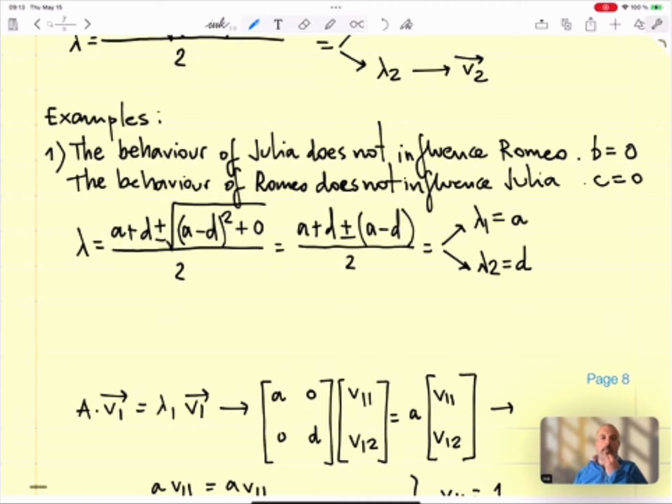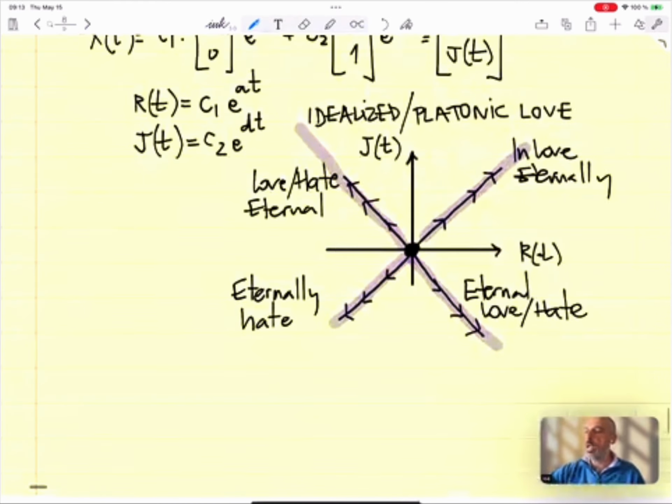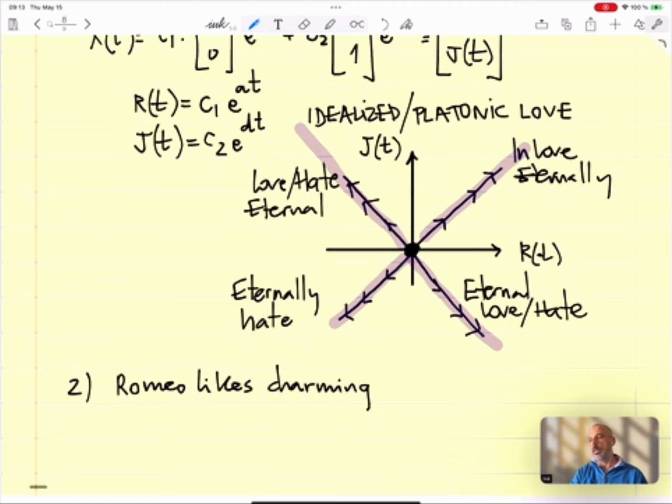Now let's imagine a more realistic situation. Romeo likes charming Julia and Julia likes asshole Romeo. Okay? So Romeo likes charming Julia and Julia likes asshole Romeo.